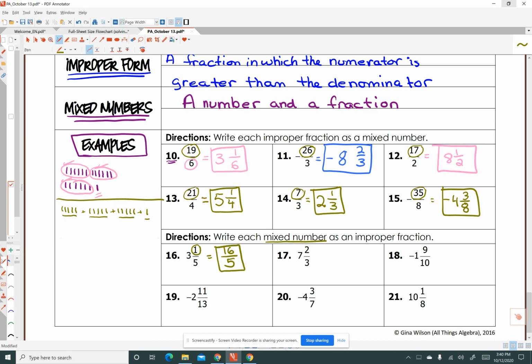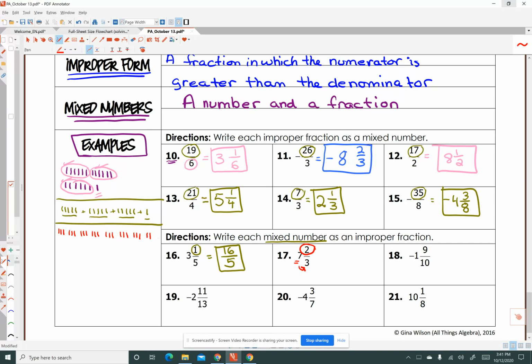Let's try the next group with sevenths, and we'll change our color just to make it a little bit clearer. So we're looking at groups of 3, 7 groups of 3. There's 1 group of 3, 2 groups of 3, 3 groups of 3, 4 groups of 3, 5 groups of 3, 6 groups of 3, 7 groups of 3, plus 2 remaining.